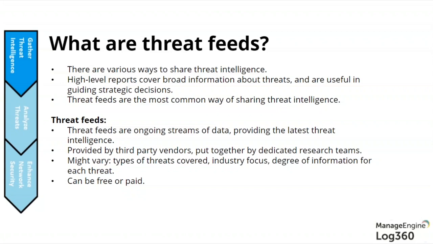But when it comes to a standard way of accessing and processing this threat intelligence for your network, there are probably two commonly used approaches, of which one is way more common than the other. But first, let me describe threat intelligence reports. These are high level reports which are shared by independent security research firms, and they outline broad information about upcoming or new threats that are emerging out there.